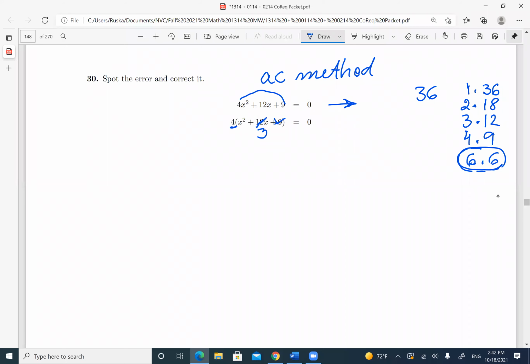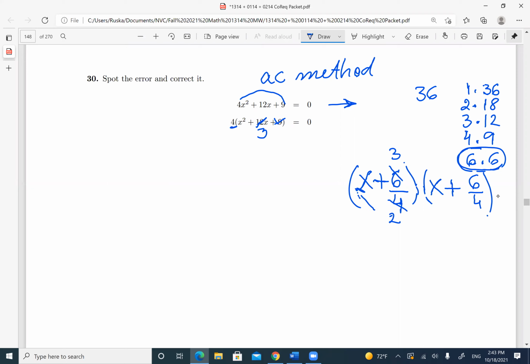So now what do you do with 6 and 6? You put x next to them. And what you need to remember, you need to divide by 4 because you have the 4 in front of the square. And it's going to be the same factors. So you have x plus 6 again. They're the same factors. And you divide both of those by 4. And then you reduce. 4 and 6 divide by 2. There's going to be 3 and 2.